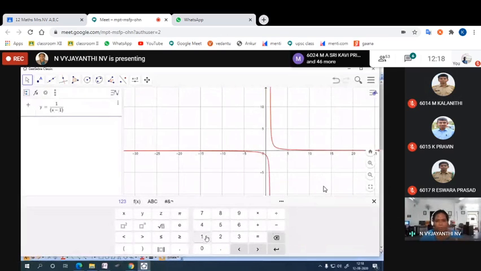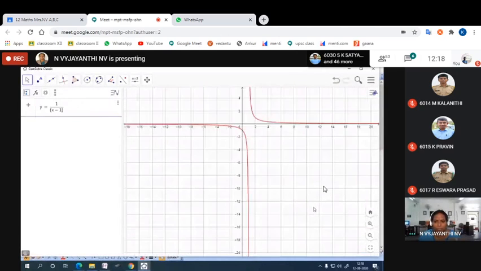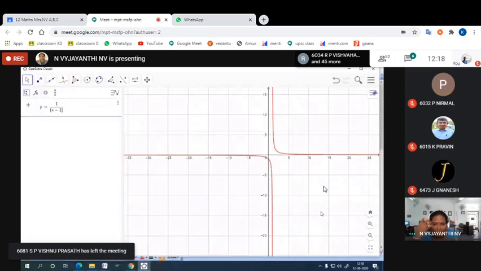So what is the name of this curve? We call this a reciprocal function, isn't it? But another name for this is hyperbola. Do you have hyperbola in your syllabus?